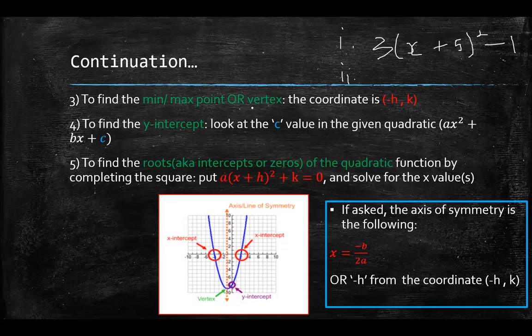That's also called the vertex. You already said this is a minimum graph, so this will be the minimum point. The coordinates of the minimum point are minus h, k. We said that 5 is h and minus 1 is k.